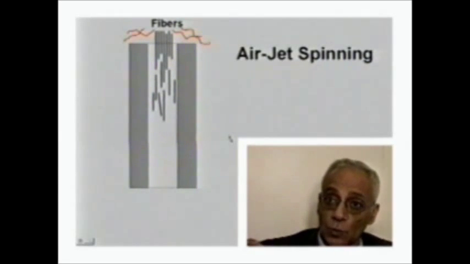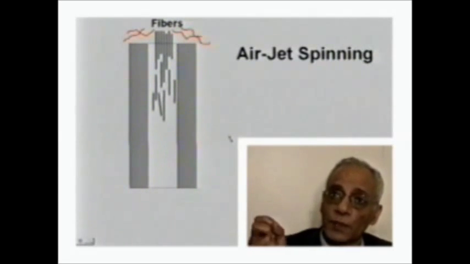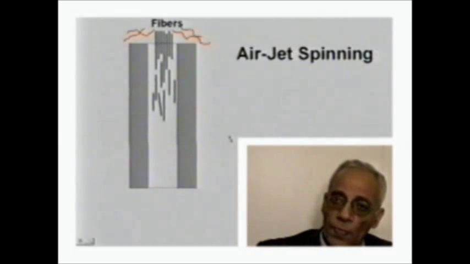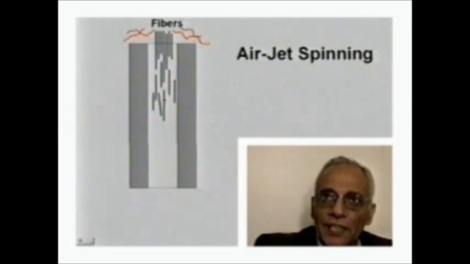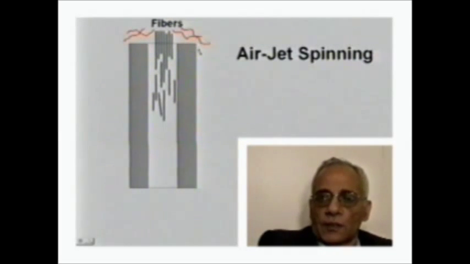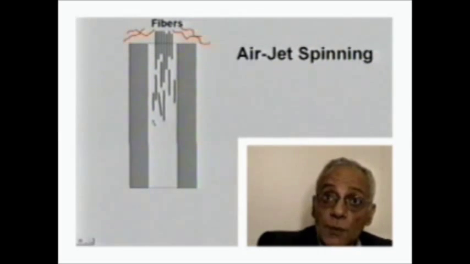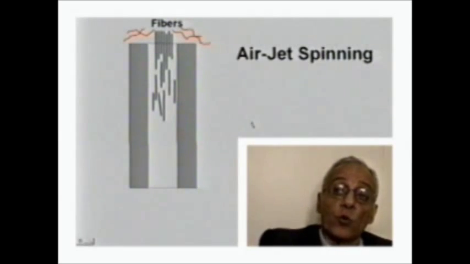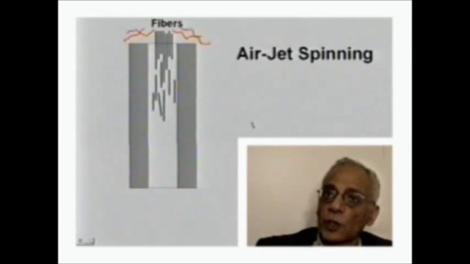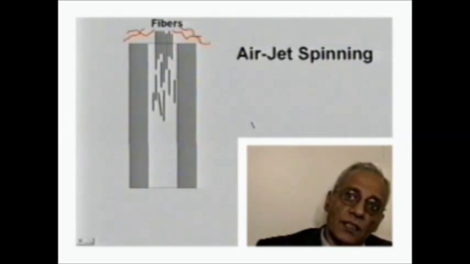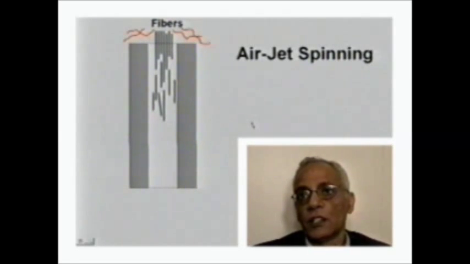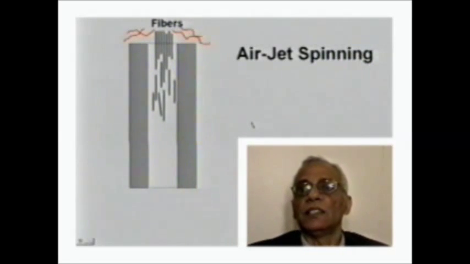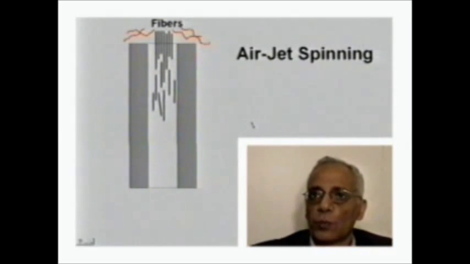How they are separated, we will discuss shortly, but they are separated by air turbulence. So we want the air to first separate a few fibers from the mainstream of the fiber strand. That's why we put it under the category of interrupted spinning. It's not a continuous flow. It's not completely interrupted, such as the case in rotor spinning, but instead it's partially interrupted or partially separated.